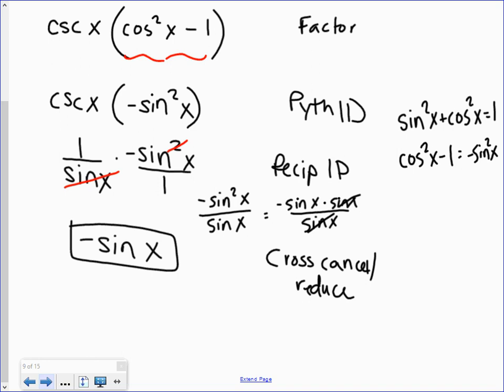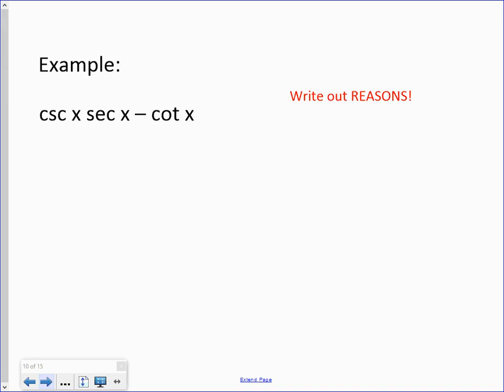Let's try another one. Cosecant x times secant x minus cotangent x. A little bit different than the last one.